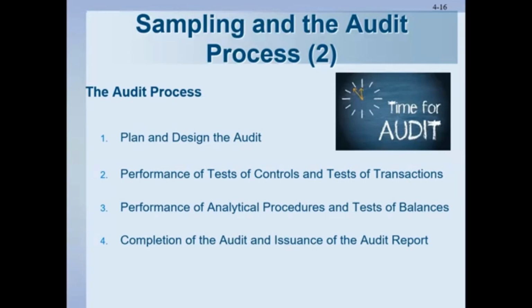Now, the first 3 phases, plan and design the audit, performance of tests of controls and tests of transactions, and performance of analytical procedures and tests of balances, are chronologically performed. That is, tests of controls and tests of transactions are performed prior to performing analytical procedures and tests of balances. So the first step in the audit process is planning and designing the audit.